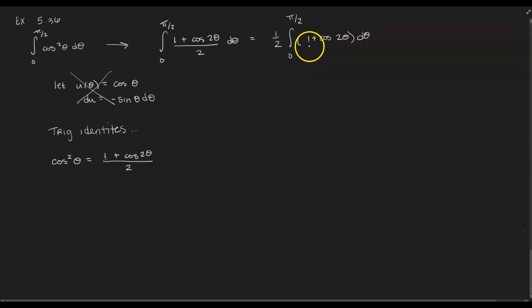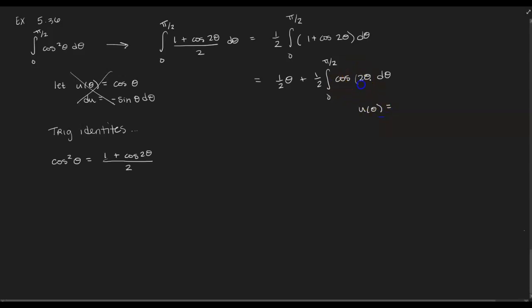We have two terms, 1 and then plus cosine 2 theta. Integrating the 1 is a piece of cake. However, integrating the cosine 2 theta, that requires a U-sub. It's a very tiny U-substitution, so it's not that difficult. However, it's needed.